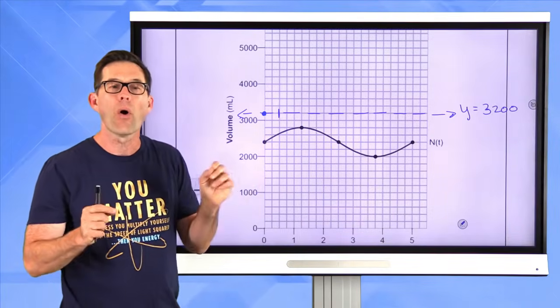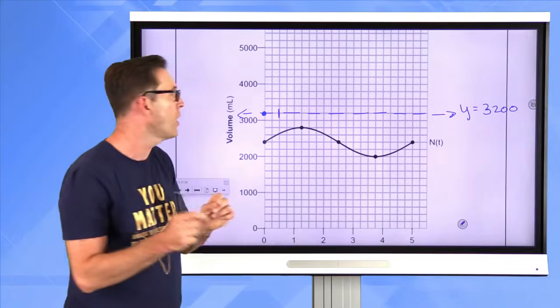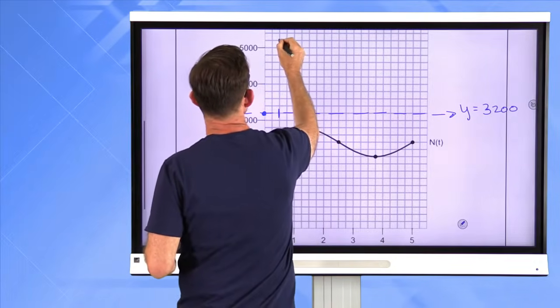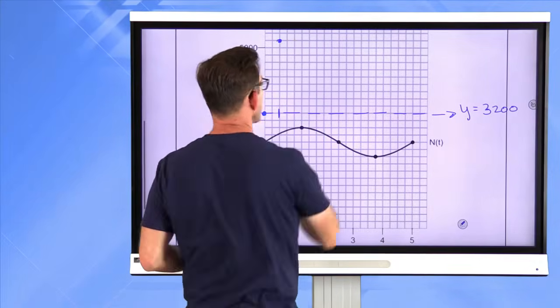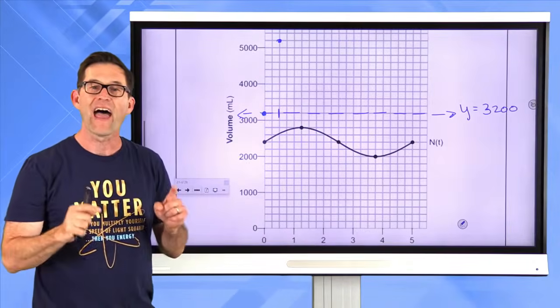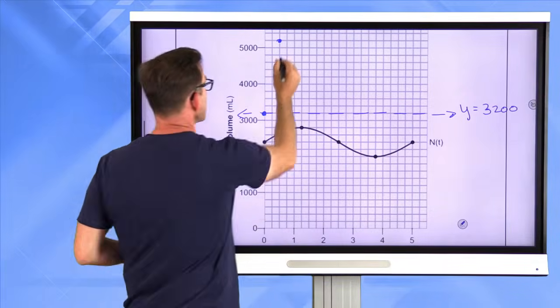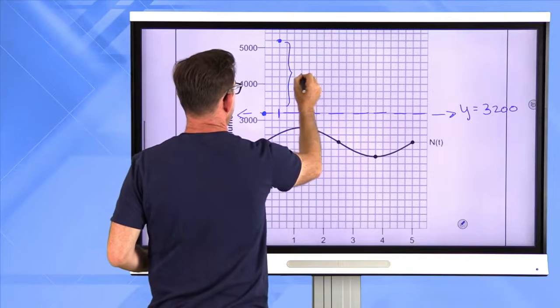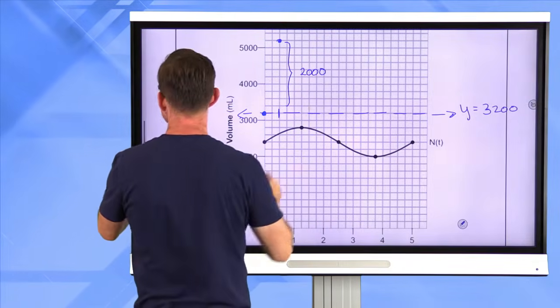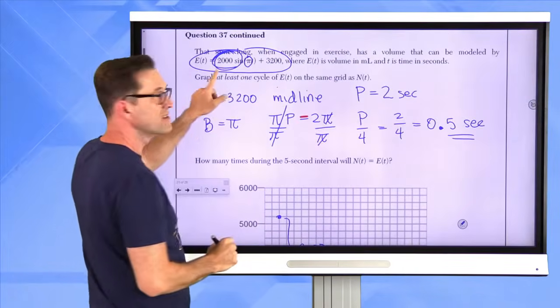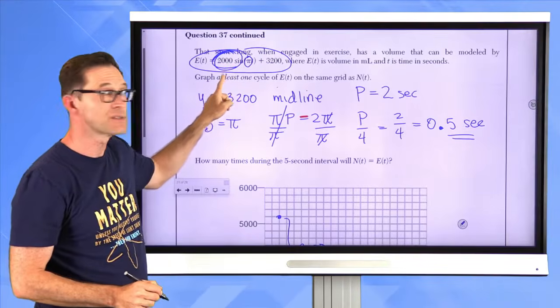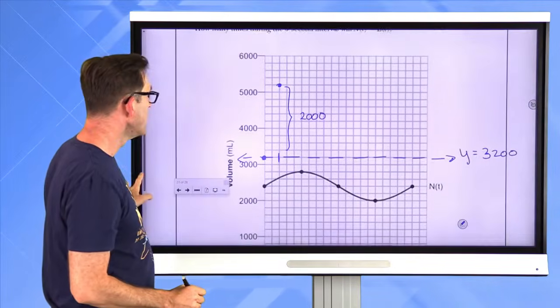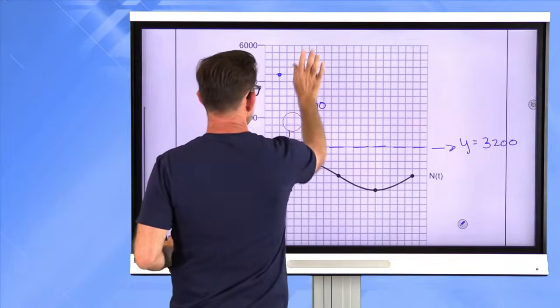I need to go all the way up to 5,200, which is way up here. I need to add 2,000. Literally, this is 2,000 higher, because that's what my amplitude is.